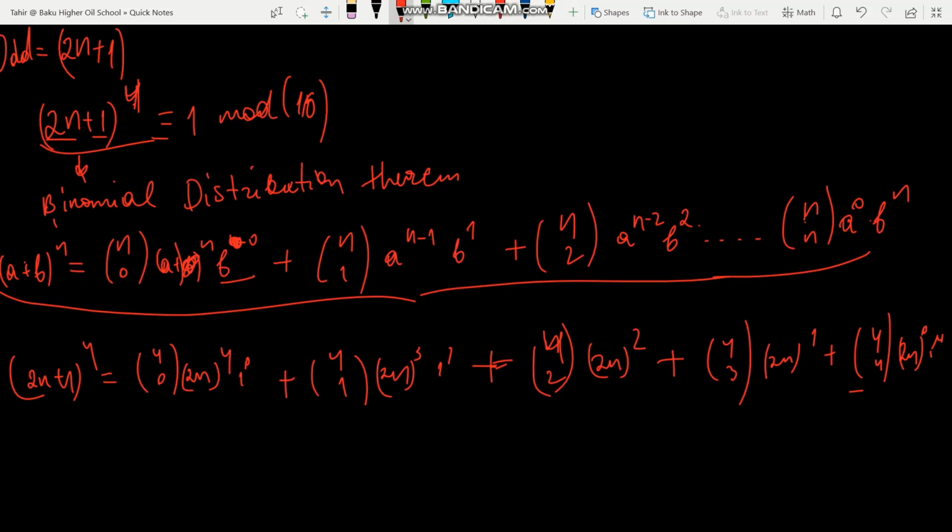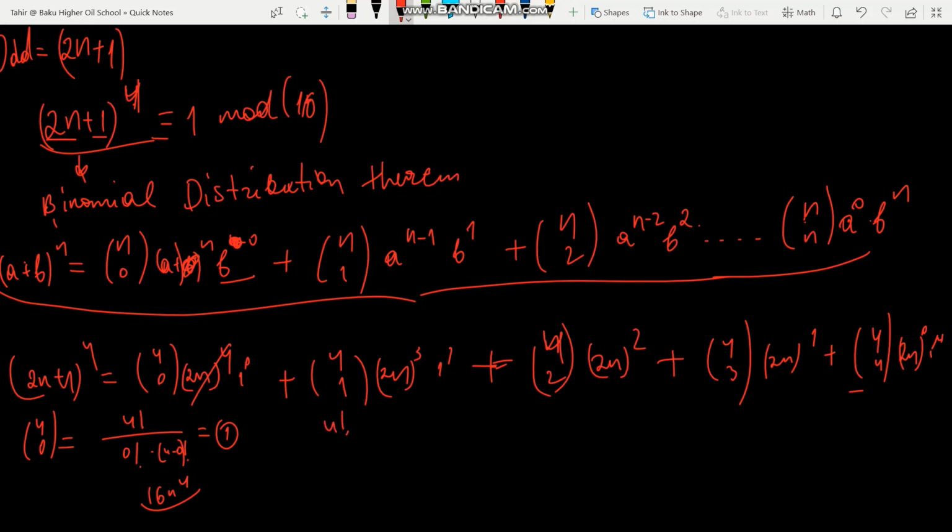Let's just open this expression. All the combinations can be found: 4 factorial divided by 0 factorial multiplied by (4 minus 0) factorial, which in our case is equal to 1, and 2n to the 4 is equal to 16n to the power 4. And this is divisible by 16, therefore we will not have any remainder. We can just eliminate this term.